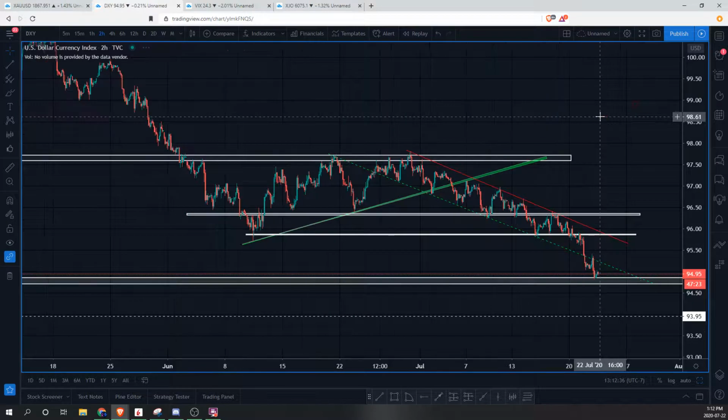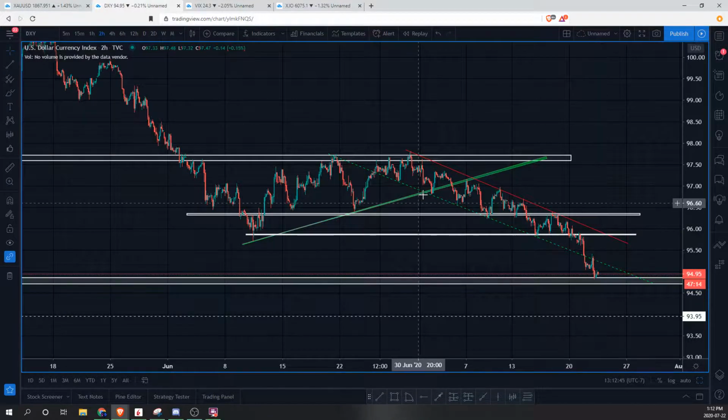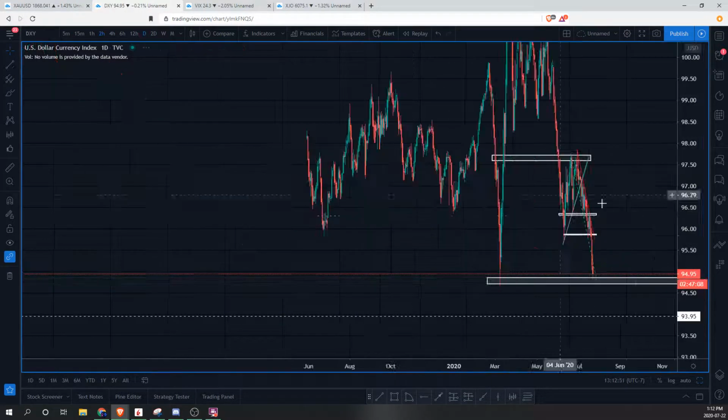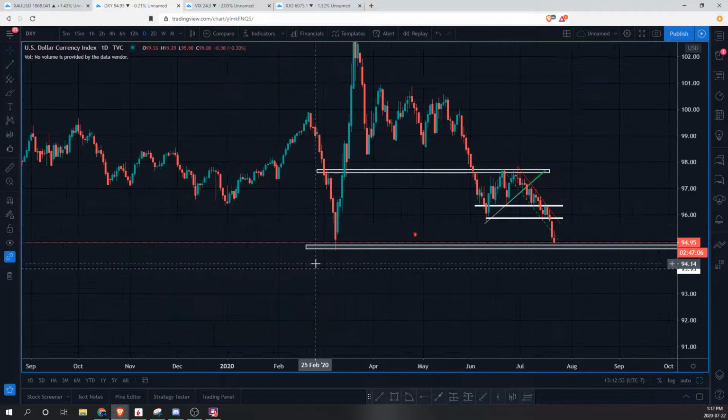Going back to the DXY, which is basically the strength or weakness of the US dollar, and we've been saying how it's definitely weakening as we're getting a kind of capitulation from this descending channel formation. This gray zone, if we're going back to the daily chart, was a previous wick low that we saw back on March 9th.